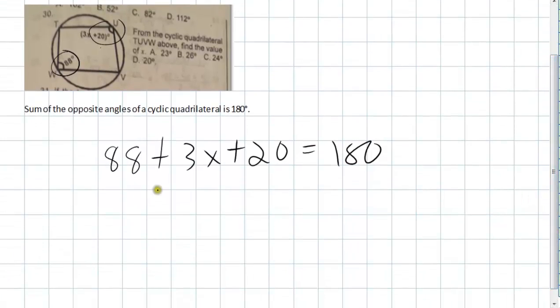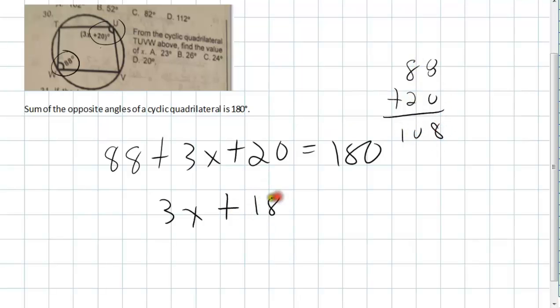But anyway, here we have 3x plus 88 plus 20, and it's been a long day, so I will do the math for it. Okay, there we go. 108 is equal to 180. So then we're going to subtract 108.